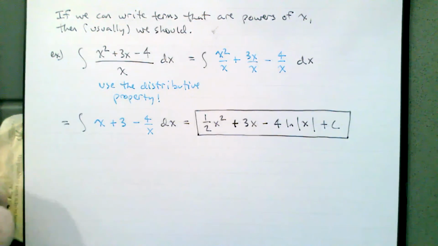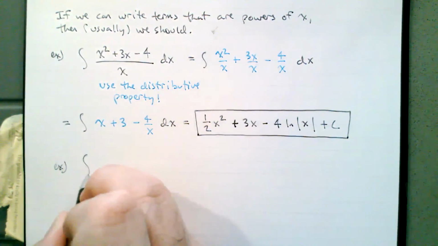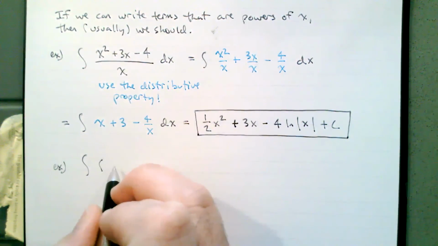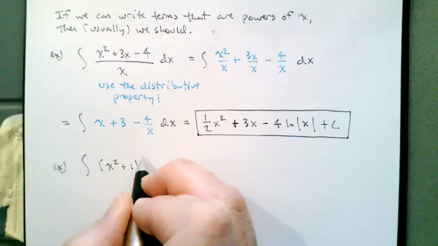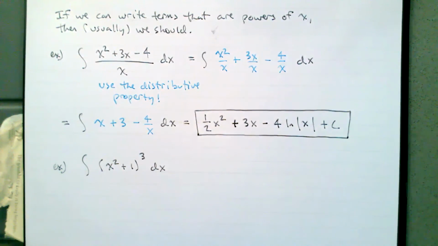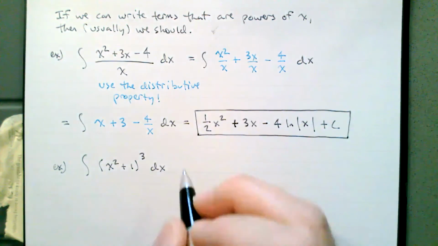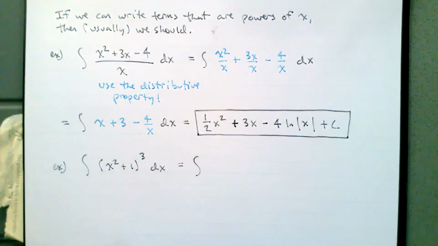Also in the category of writing terms that are powers of x, if, for example, we wanted to integrate, let's say, x squared plus 1 cubed, we could once again use the distributive property. So instead, we'll just multiply this x squared plus 1 cubed out, or the cube of the sum of the square of x and 1.